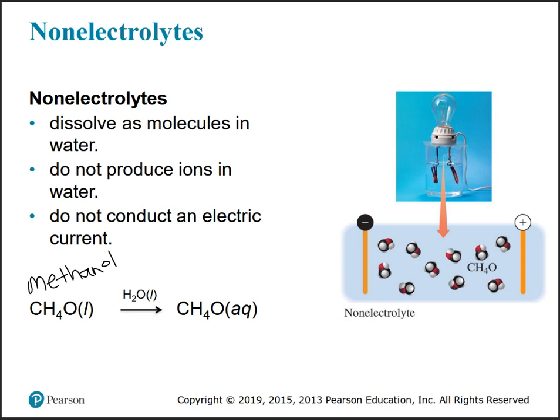It's polar, it dissolves in water, but it is not an electrolyte. Notice there's no ions over here. You just have the liquid methanol going to aqueous methanol, which means it's dissolved in water. So you've got water molecules all around each individual methanol molecule. So that's a non-electrolyte.